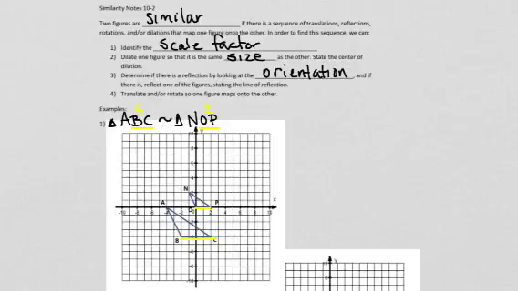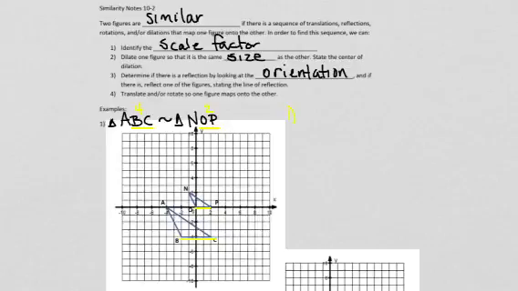So we are at step 2 now. We're going to dilate the figure so that it's the same size as the other one, and we're going to state the center of dilation. So I'm going to write my steps down here.